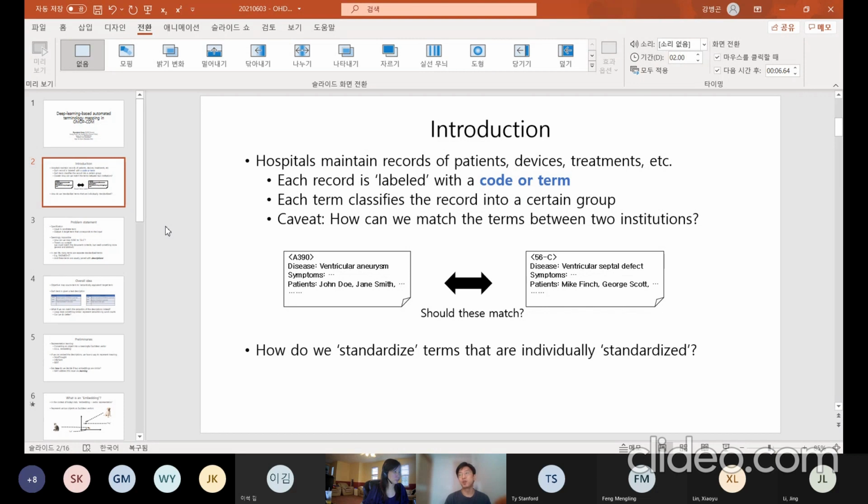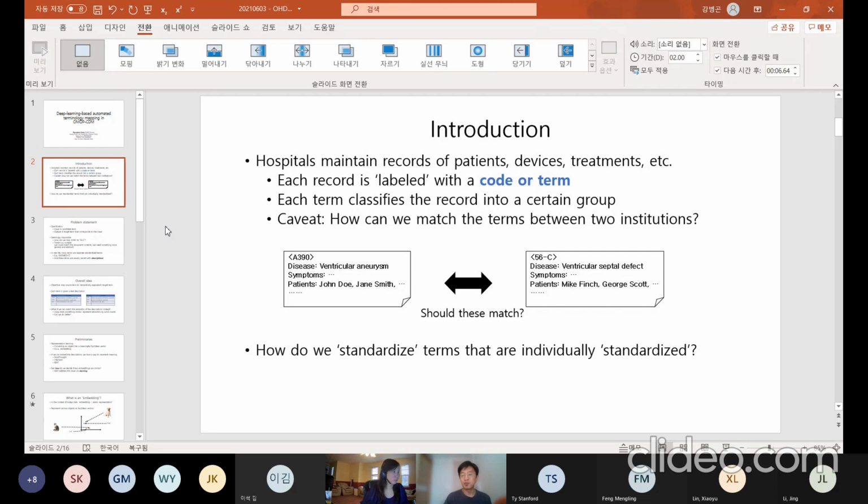Now that itself will provide some kind of systematic management of the documents, at least locally. But then the problem comes when you have to compare or merge two sets of records from different institutions, because it's not guaranteed that the institutions have the same code set, or term set, as we say. So if we want to make some kind of inter-institutional analysis among the records, then there has to be some way to standardize these terms.